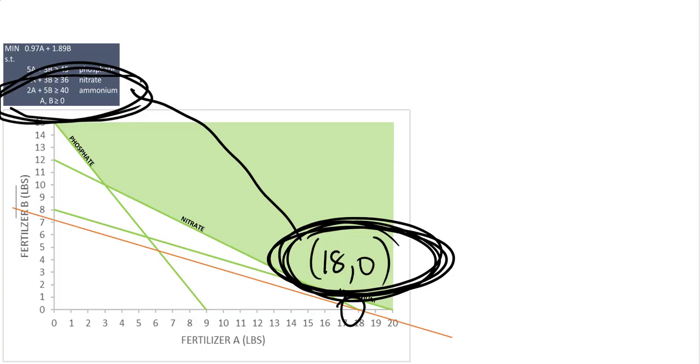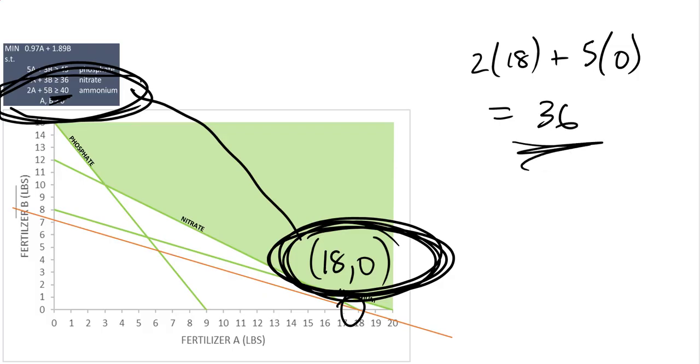This should give us the lower limit of the range of feasibility. And what I should find, subbing these values of 18 and 0 into that equation, is a value lower than 40. So subbing that in only to the left-hand side, 2 times 18 plus 5 times 0, we end up with a value of 36, which should be the lower limit for the range of feasibility of the ammonium constraint.